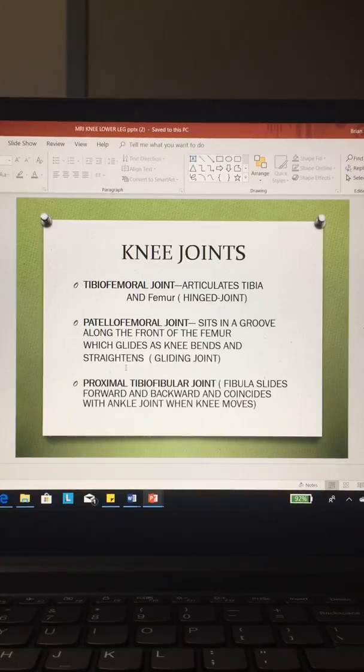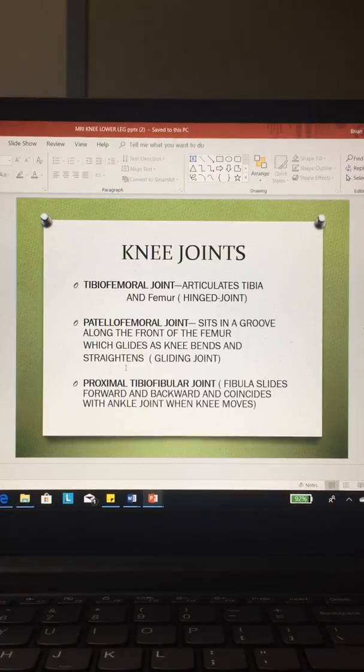There is also another joint between the tibial bone and the fibular bone that allows the fibula to slide forward and backward. It's like what we haven't done yet in the upper extremity, where those two bones, as the ankle is moving and twisting, are sliding against each other, and that also happens up here in the knee, okay?